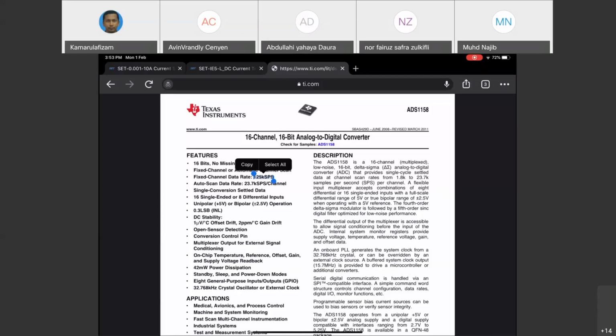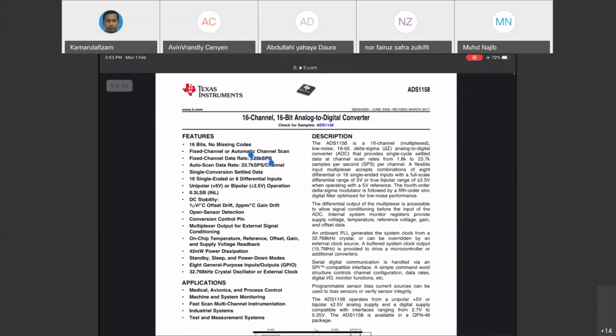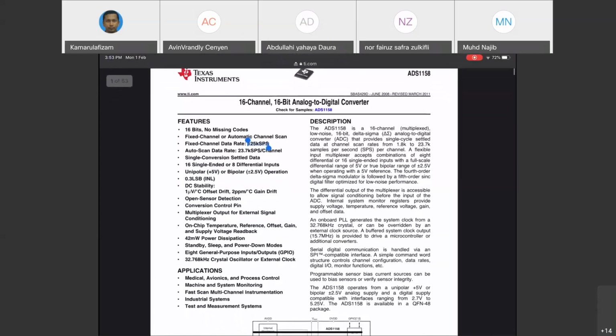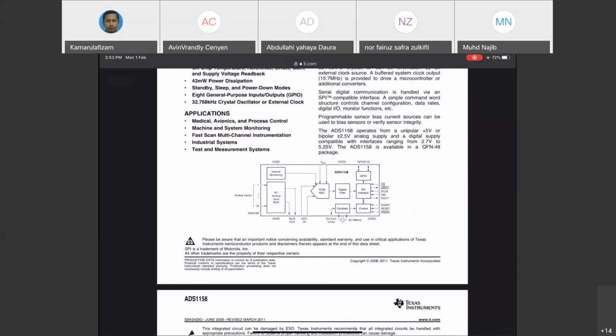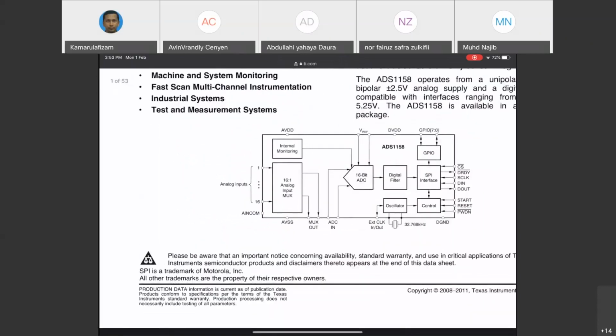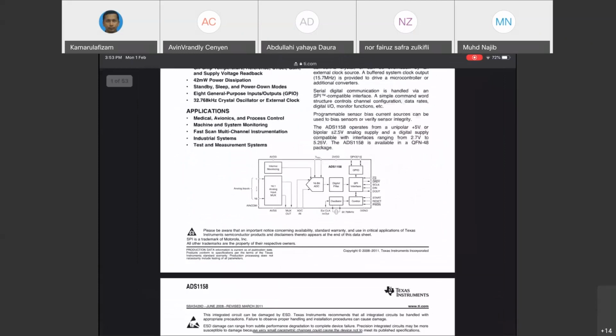If you are using something at a lower rate, it should be no problem. On the ADC, you can practically see they have some kind of marks here. You can have analog input here, and then the 16-bit ADC conversion.